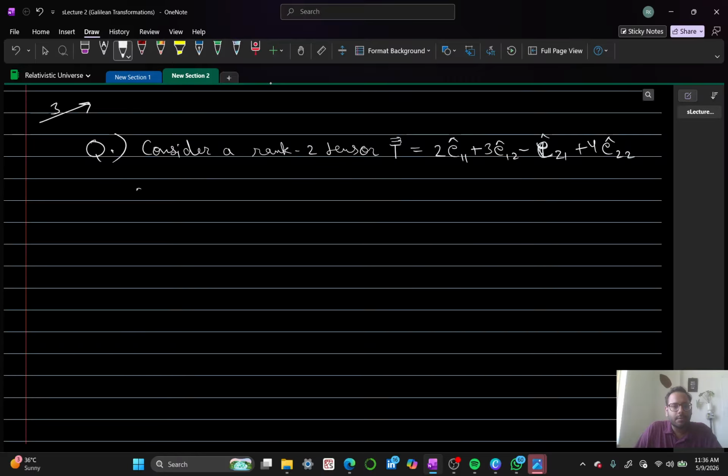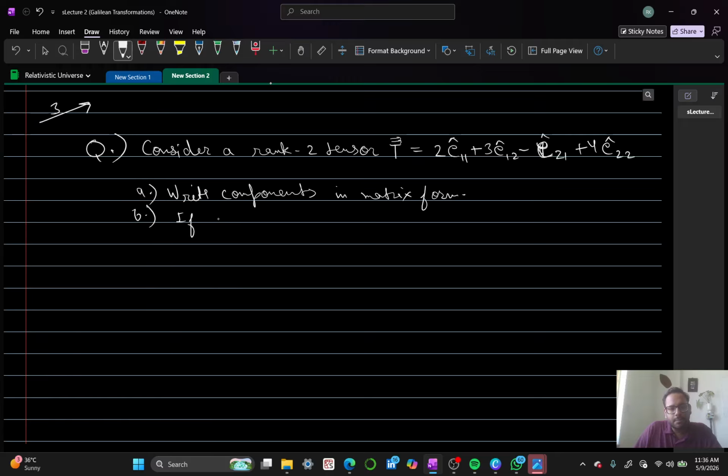Firstly, write the components in matrix form. Just write it in matrix form.